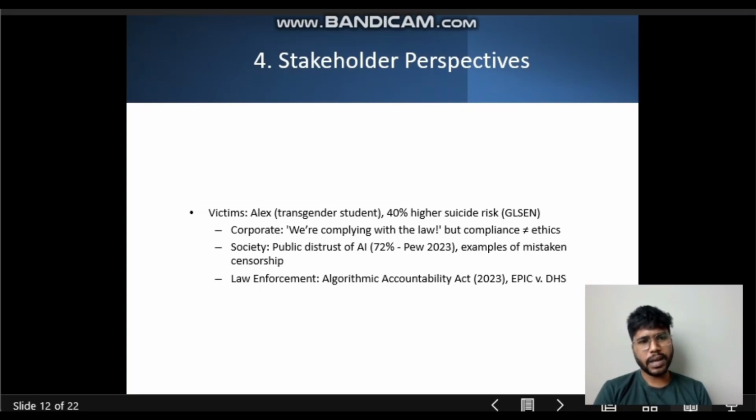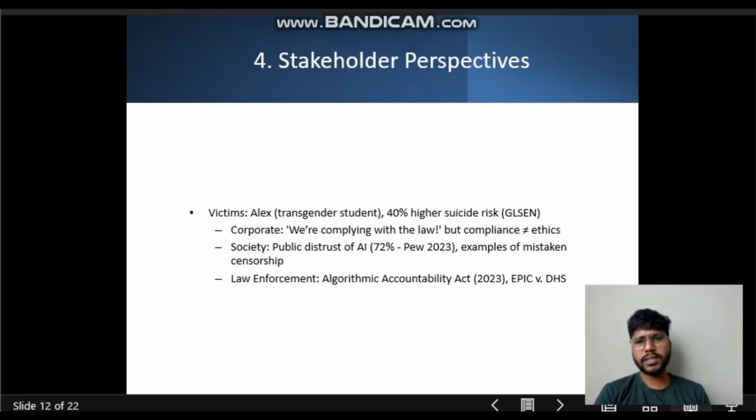Okay, so the Algorithmic Accountability Act. We'll talk about this. Let's consider the legal perspective here. Courts are increasingly scrutinizing algorithmic bias.